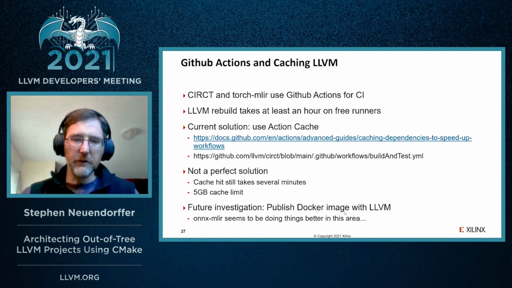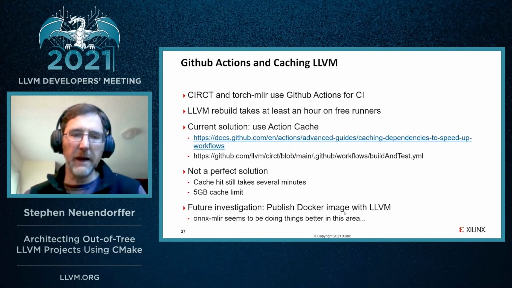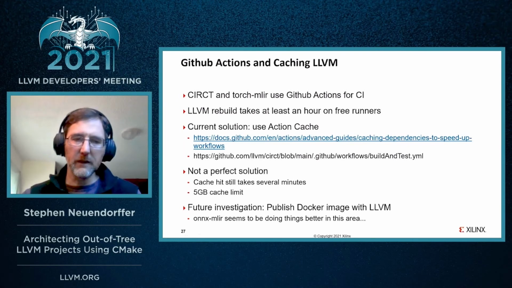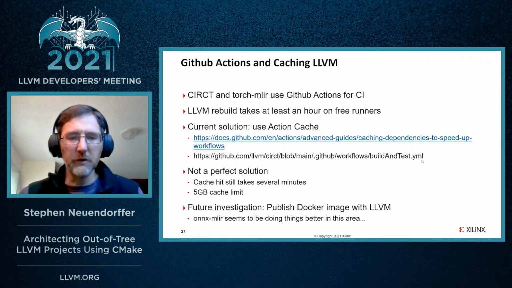So the best solution that we found so far is to use the action cache that's built into GitHub Actions. Here's a link to the documentation and also a link to the Circuit build and test YAML flow so you can see how we use it.